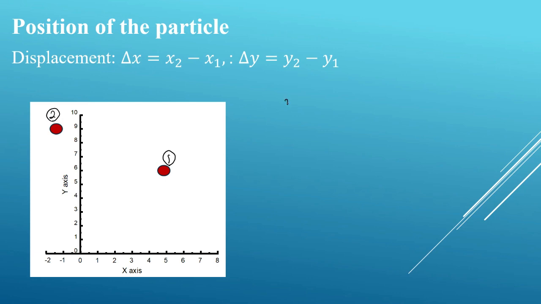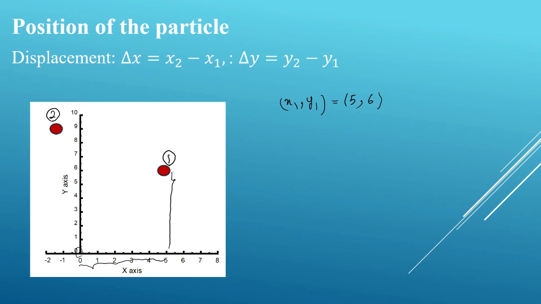So x1 and y1 equal to, still the origin, 0 and 0. So the position is going to be around 5 for the x-axis. For the y-axis, it's going to be around 6, right?